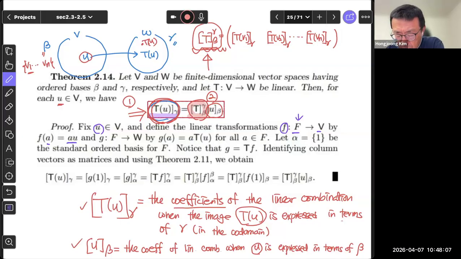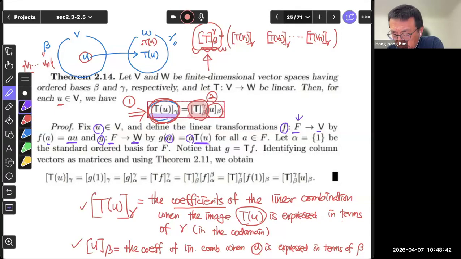And I want to define G, that is a linear mapping. That is a mapping from the same scalar field F to W which maps a to a times T of u. Okay? Then F and G are well defined. For any number a, we can find the image, right? And you can easily show that the mapping is a linear map. They are linear mappings.